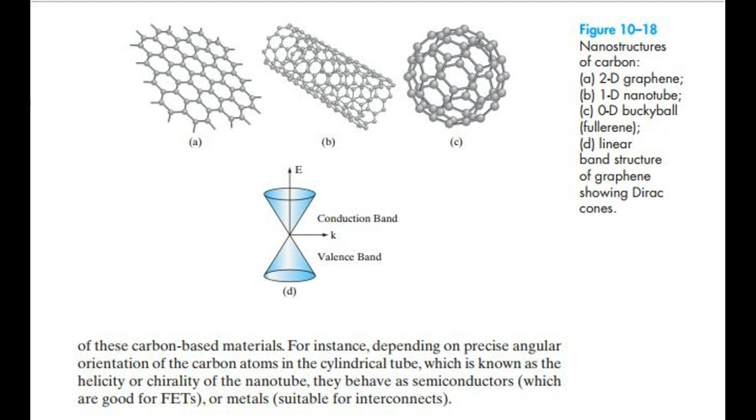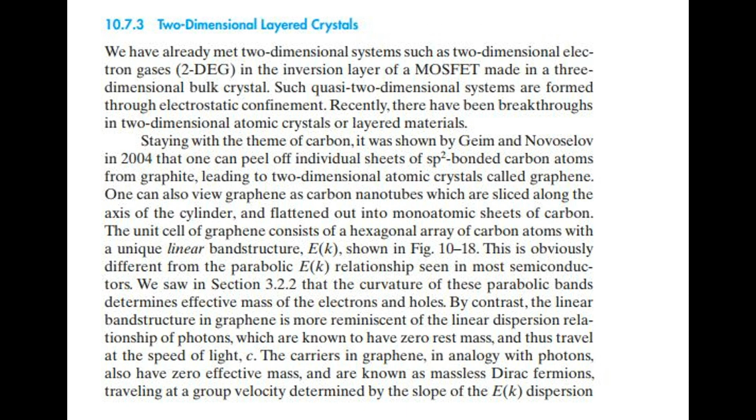A, two-dimensional graphene; B, one-dimensional nanotube; C, zero-dimensional buckyball, fullerene; D, linear band structure of graphene showing Dirac cones. For instance, depending on the precise angular orientation of the carbon atoms in the cylindrical tube, which is known as the helicity or chirality of the nanotube, they behave as semiconductors, which are good for FETs, or metals, suitable for interconnects.